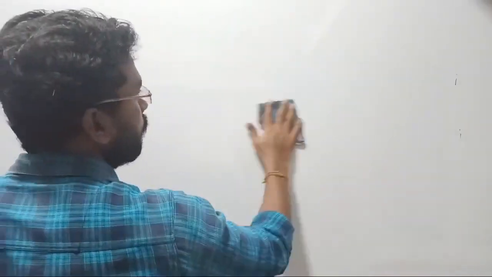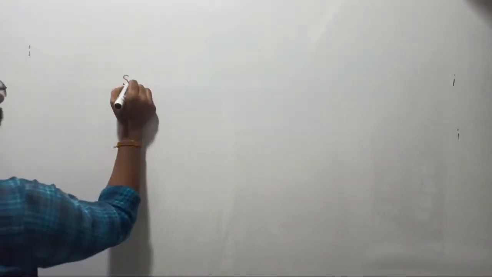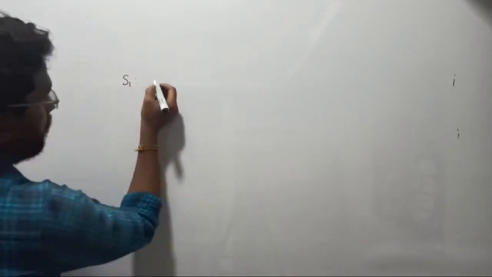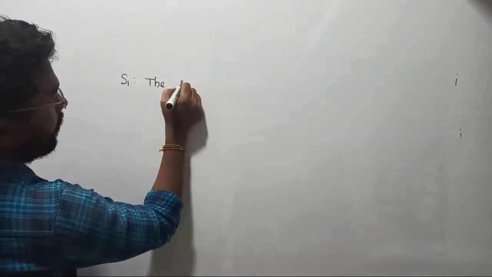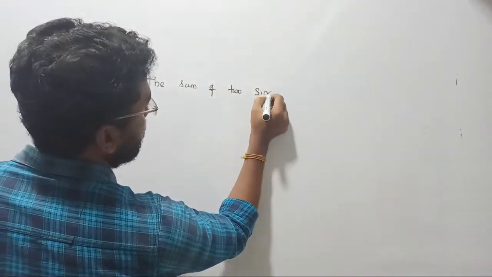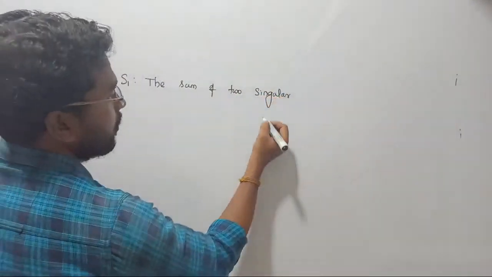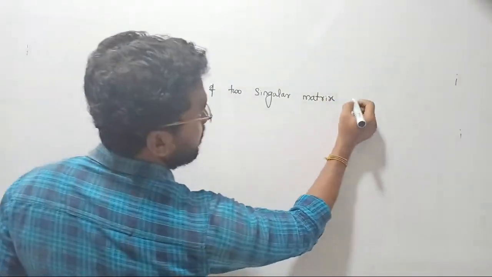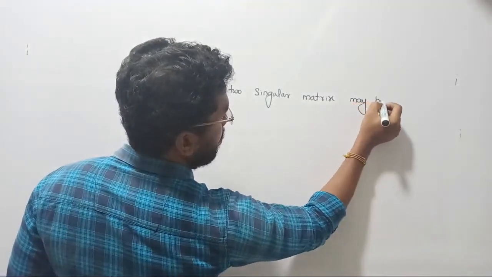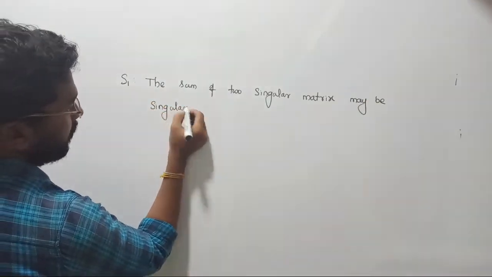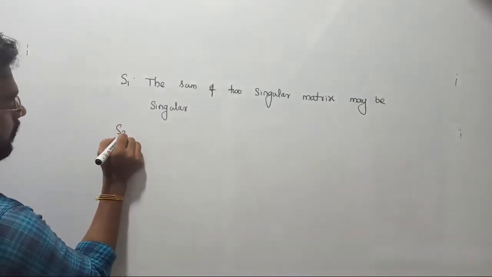Statement number 1: the sum of two singular matrices may be singular.